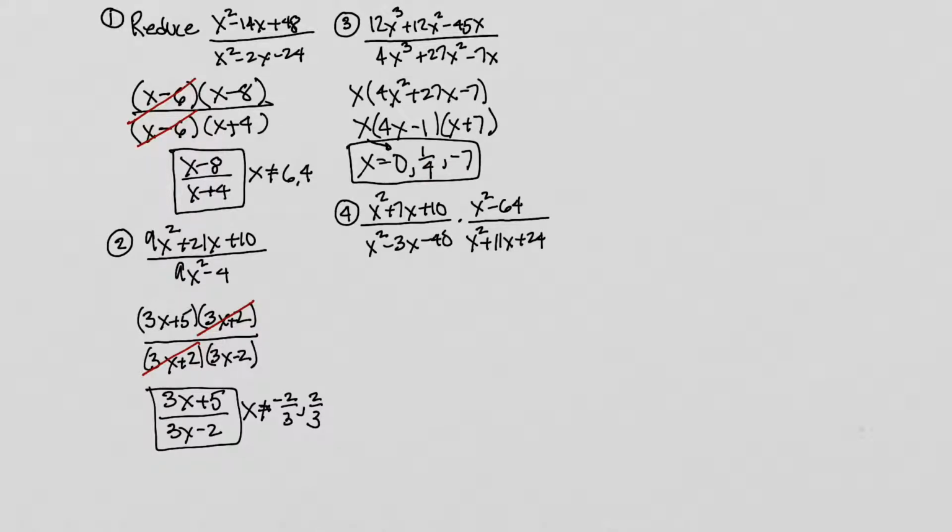So in 4, we've got this rational expression being multiplied by this rational expression. And to multiply, what we're going to do is factor everything in sight and then cancel any common factors. So let's start factoring now. In that top left, we're going to get x and x. And for the 10, I'm thinking a 5 and a 2.